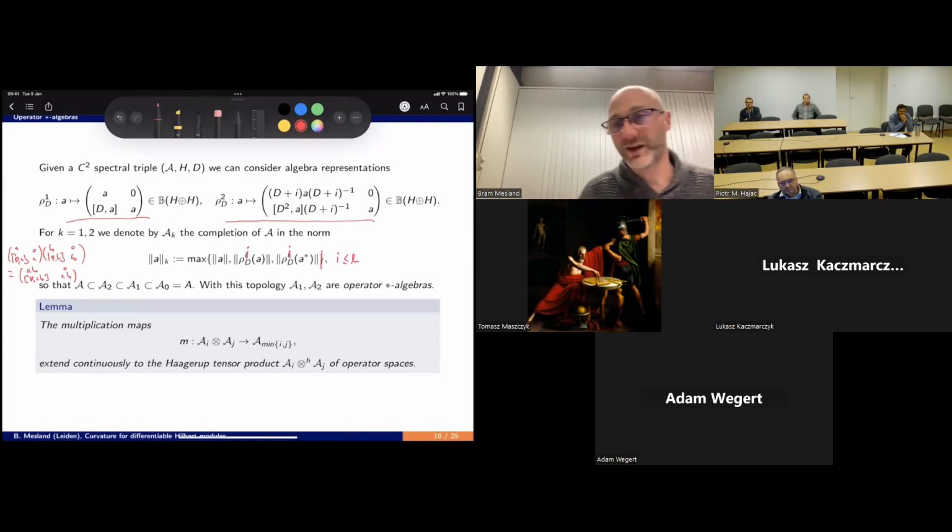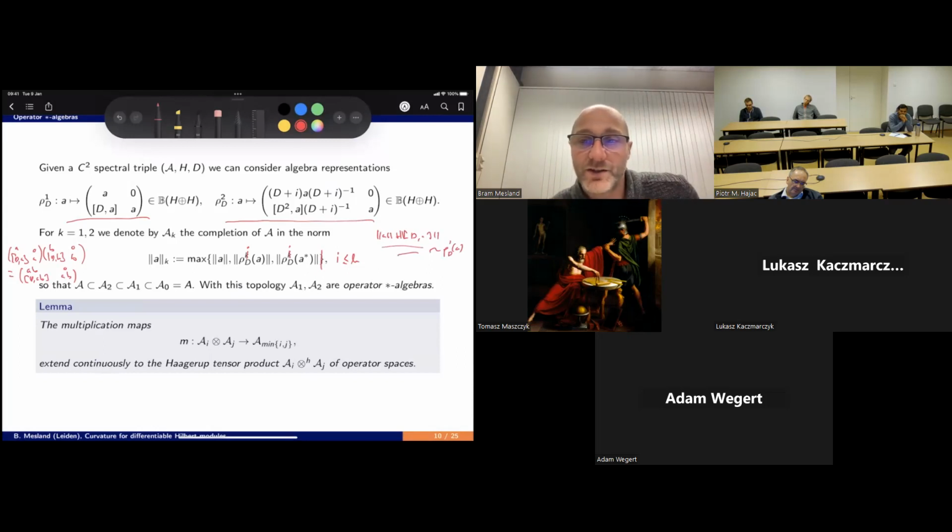But basically what I'm doing is I have a collection of algebra representations and I complete my algebra in such a way that these representations remain defined. And the reason I'm doing it in this way, so you will more often in the literature see things like this kind of norm. This norm here is equivalent to the norm given by row 1. This can also be quite easily established.